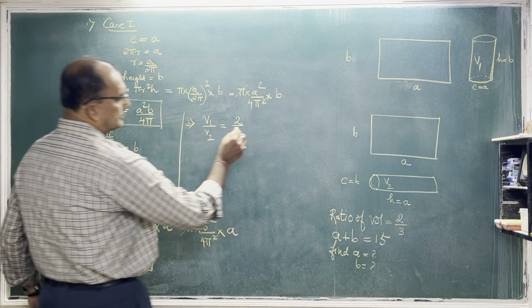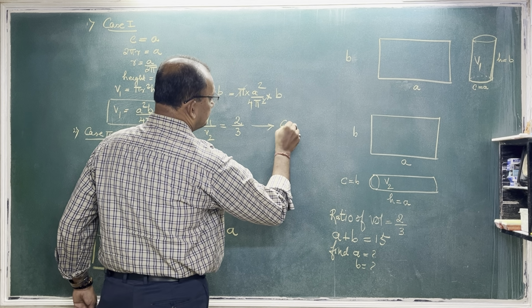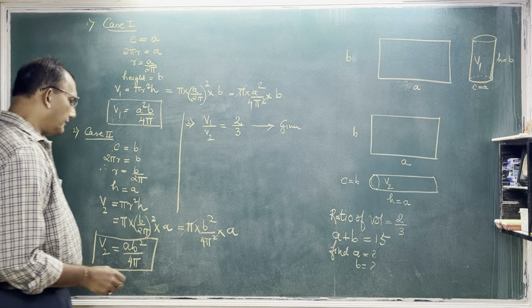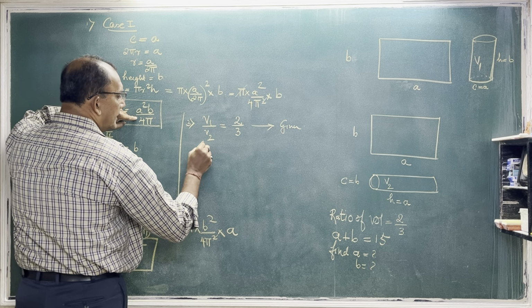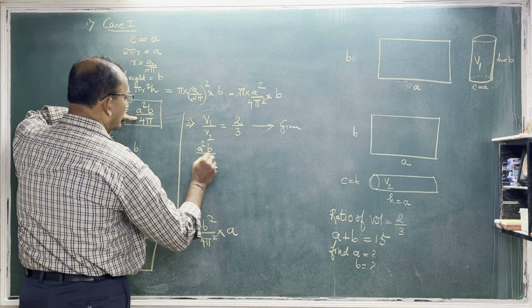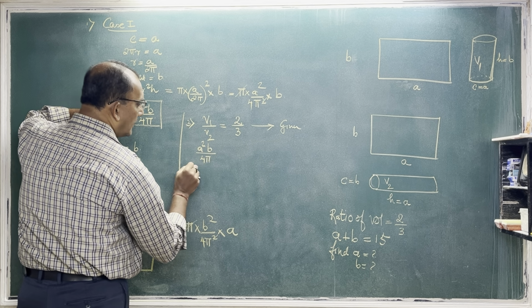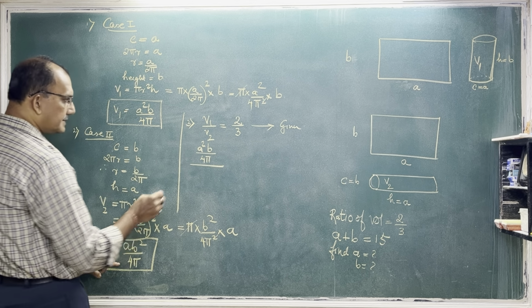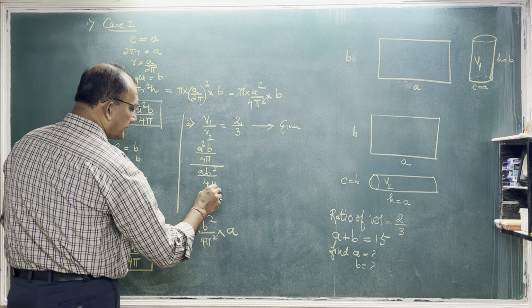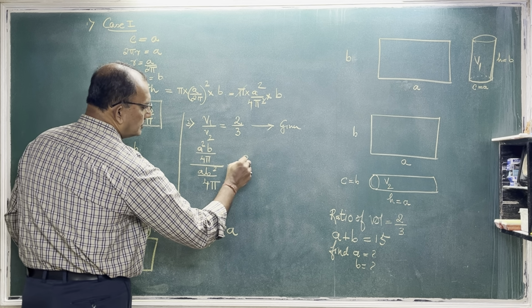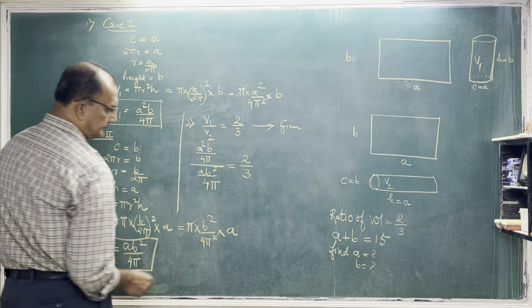This is given to you. Now if I substitute the value, in place of V1, A square B upon 4 pi, upon V2, which is A B square upon 4 pi, that is equal to 2 upon 3.